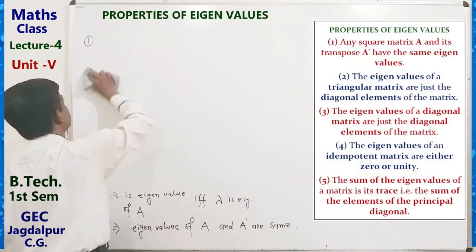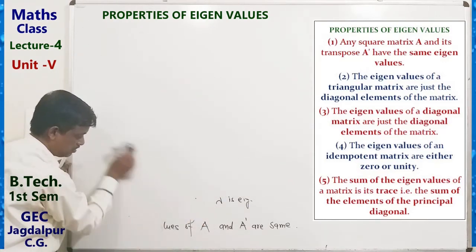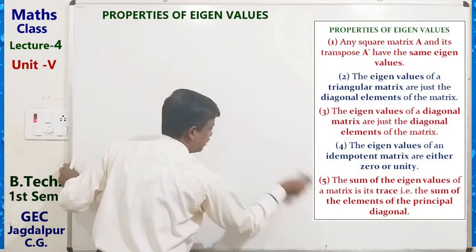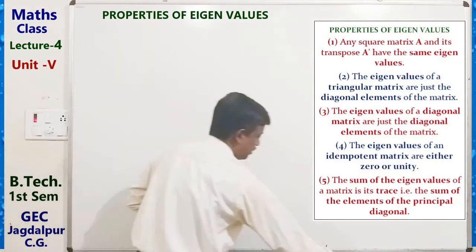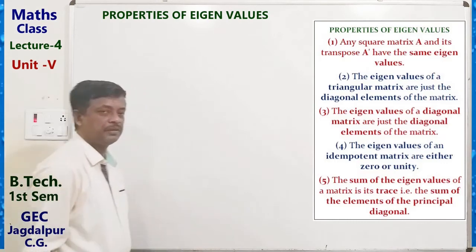So property 2: eigenvalues of a triangular matrix are its principal diagonal elements. Clear?